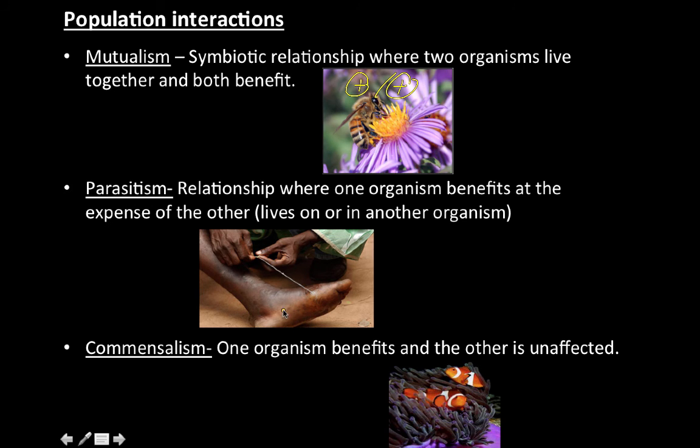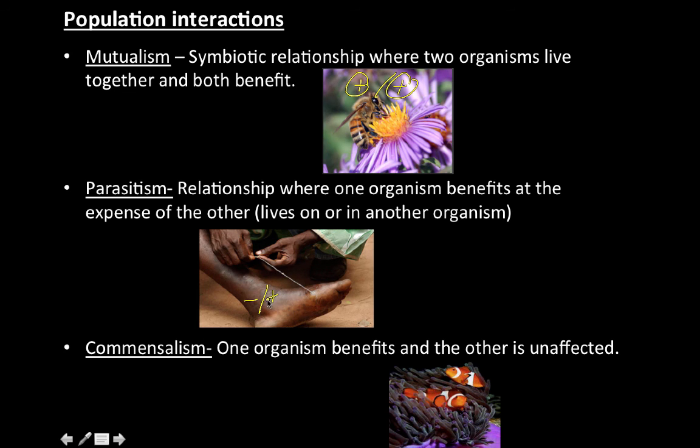We could say that this person here does not look like they're having a very good time, so we'd give them a minus, and we would give the worm, since it's able to reproduce and has a place to live and feed, a big plus for that. Parasitism, this plus-minus relationship that we see exist, obviously the human or the host is going to be at a disadvantage or be harmed, and the parasite is going to benefit.